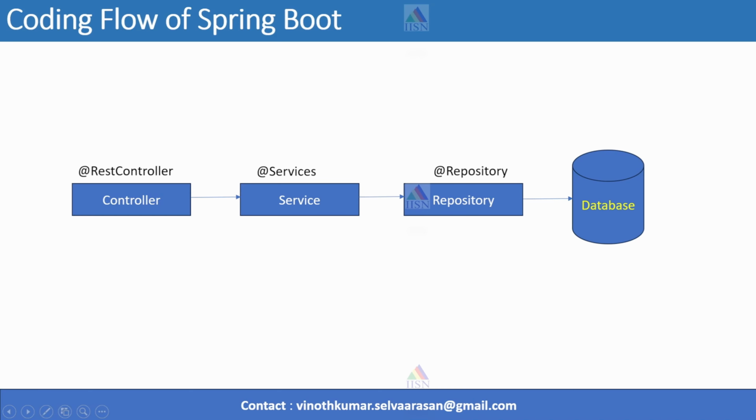First, we are going to create a controller package, then a services package. As of now, we are not going to communicate with the database. We are just going to insert the data into collections and perform the retrieval operation. For that, we need only two layers: controller and services.